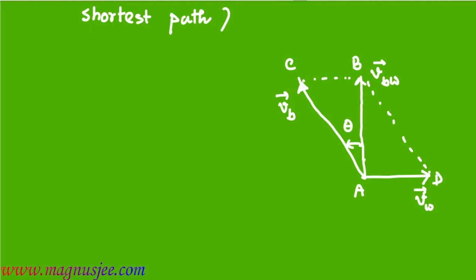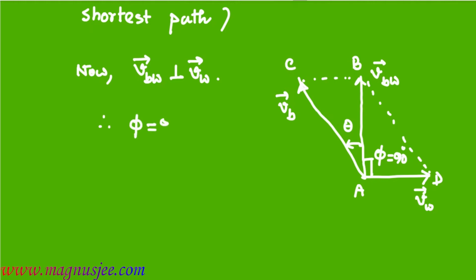Now the boat will try to travel at an angle theta along AC with the direction of shortest path AB, and VBW acts at an angle phi equal to 90 degrees with VW. Now vector VBW is perpendicular to vector VW.